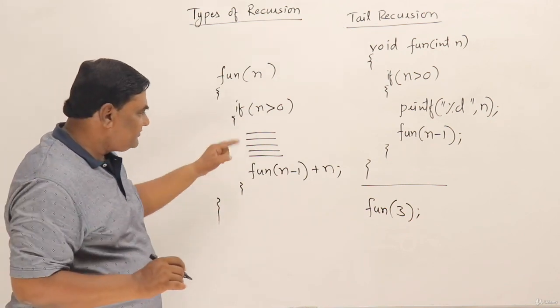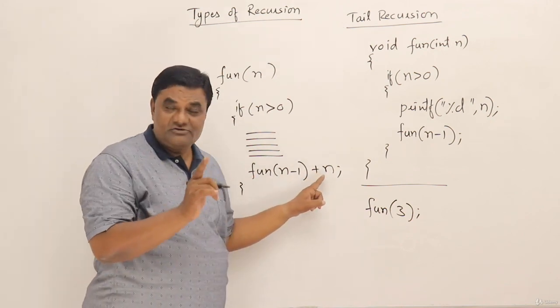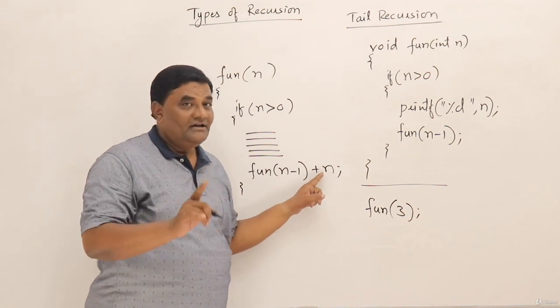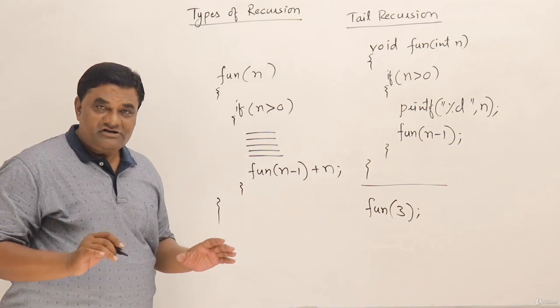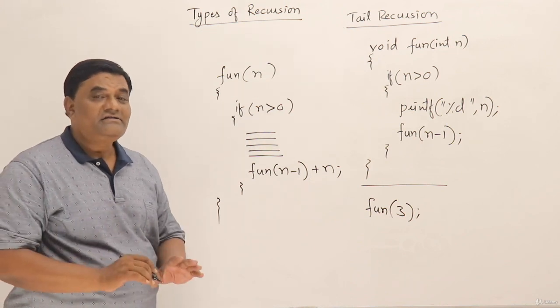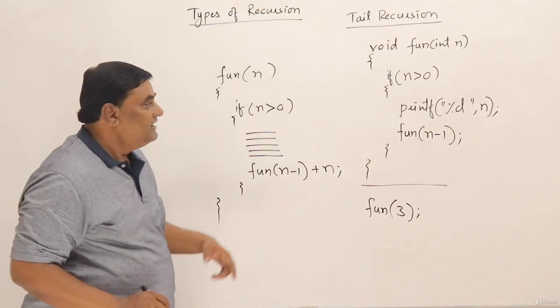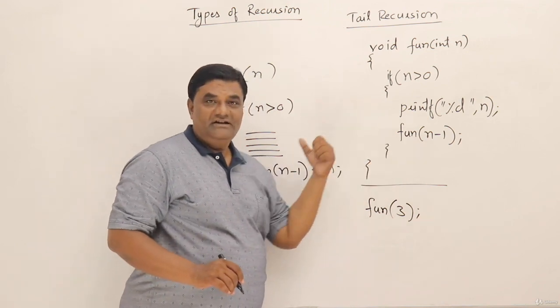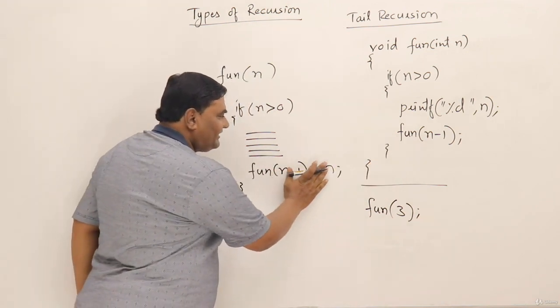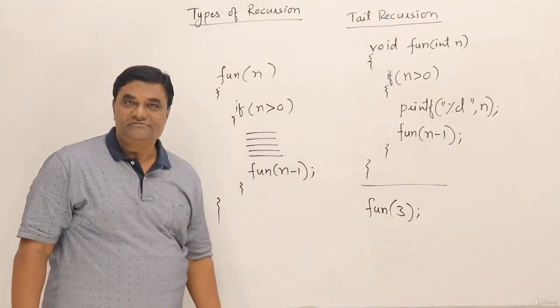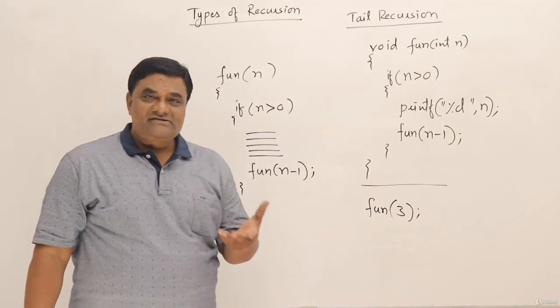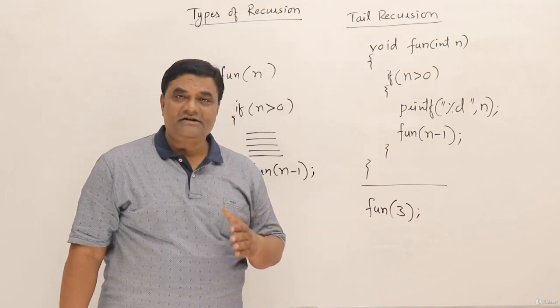So in this function there is something remaining that has to be performed at returning time, so it cannot be a tail recursion. Tail recursion means at returning time it doesn't have to perform anything at all. So the earlier one is a perfect example of tail recursion, or else if I remove any processing here, then it is a tail recursion. Next I will compare tail recursion with loops.